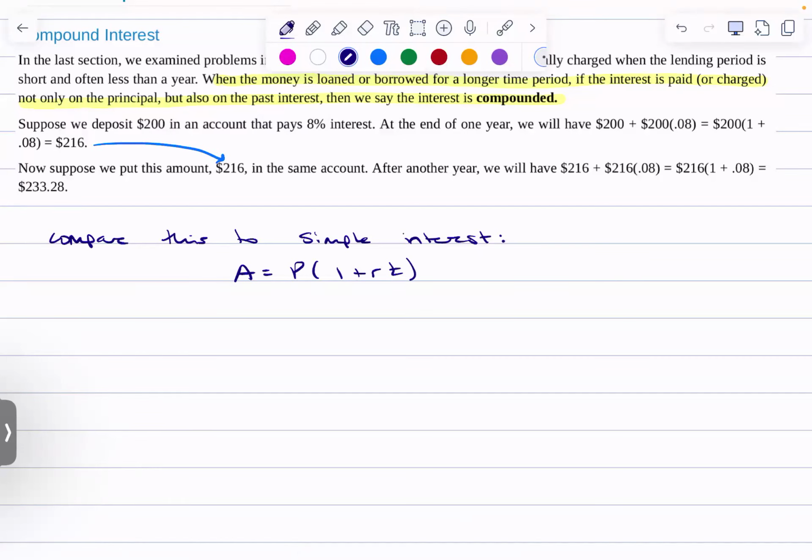Now to match the scenario, this is the A for 2 years, versus compounding each year. So we want to compare the A's.